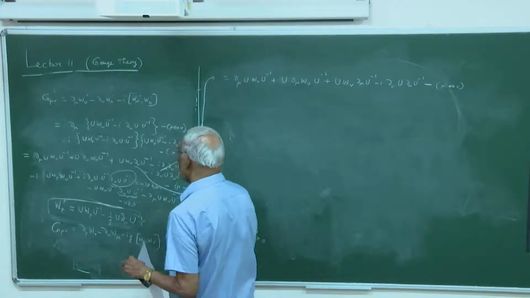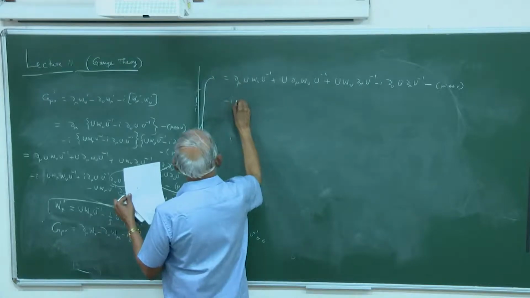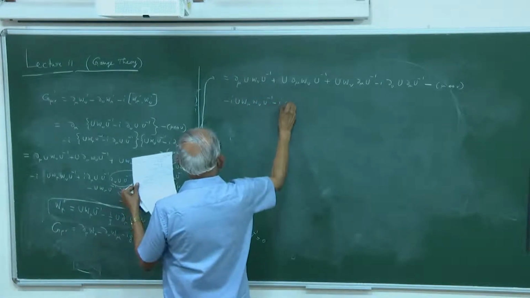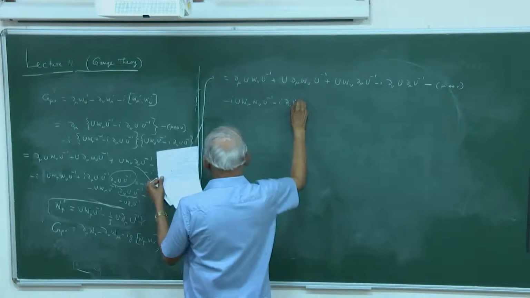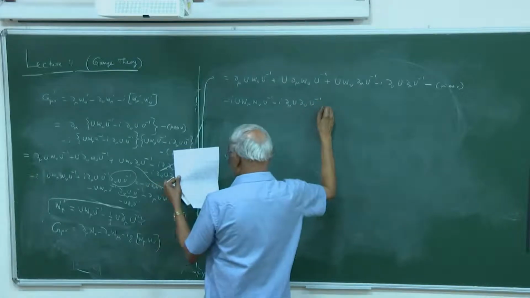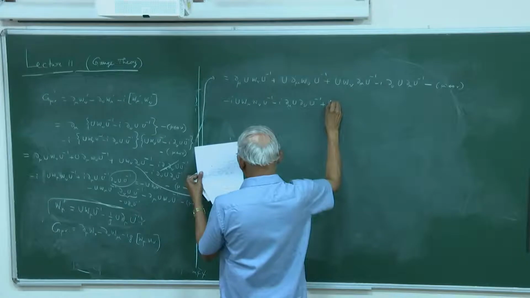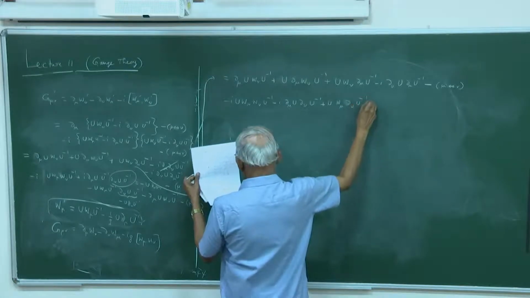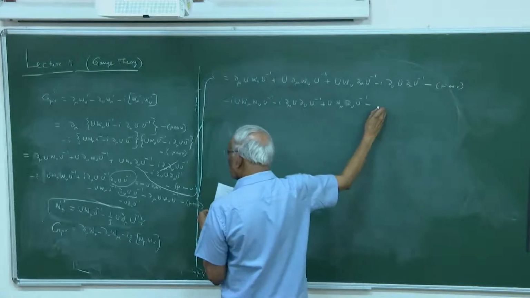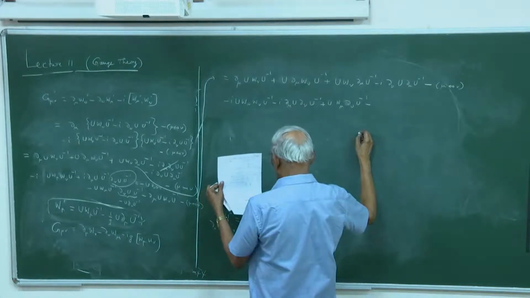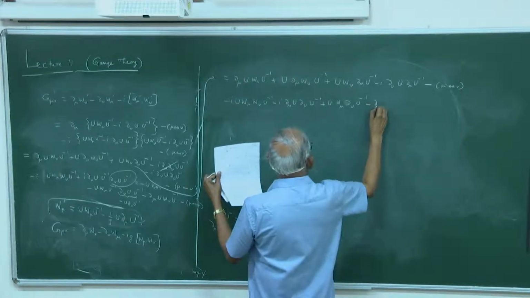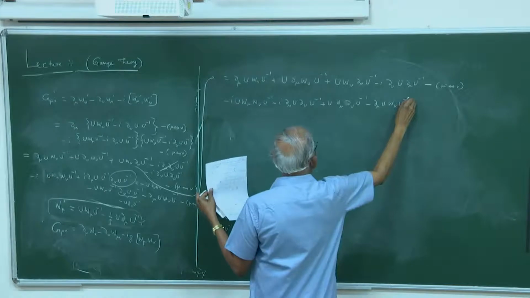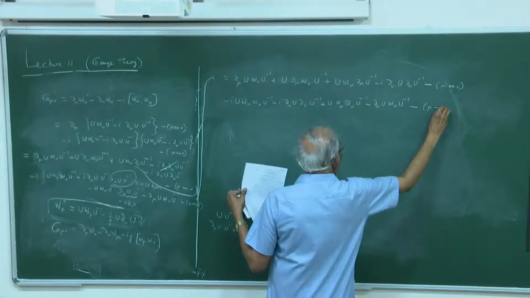After taking care of these two identities which I made, it becomes minus I U W mu W nu U inverse minus I d mu U d nu U inverse plus U W mu d nu U inverse minus d mu U W nu U inverse and anti-symmetrization. That's all.